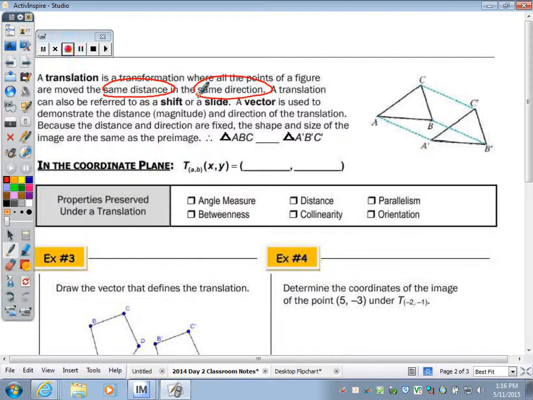A translation can also be referred to as a slide or a shift. And then we have a vector that's used to demonstrate the distance or magnitude and direction of your translation. Because both distance and direction are fixed, both the original figure and its image are going to be congruent.